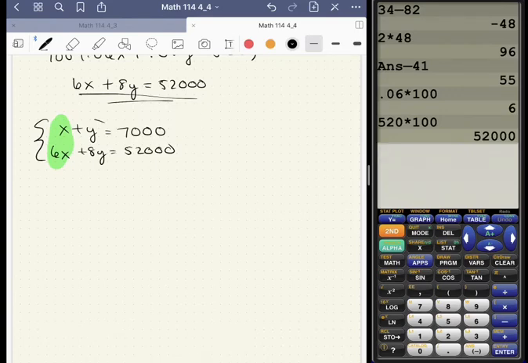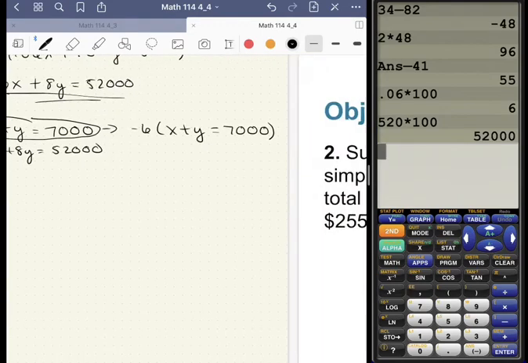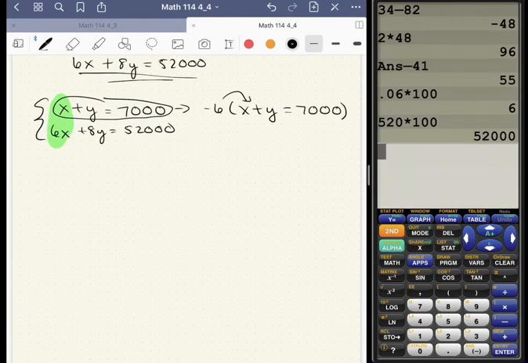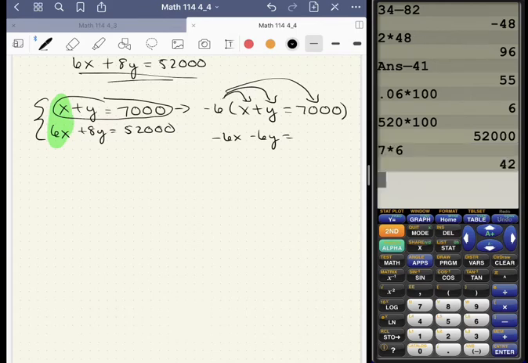So I'm going to multiply this top equation by -6. By doing this, distribute. Now I have -6x minus 6y is equal to 7 times 6 is 42, so I have -42,000.